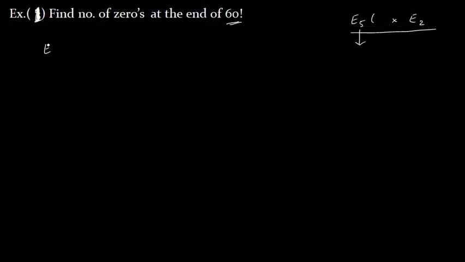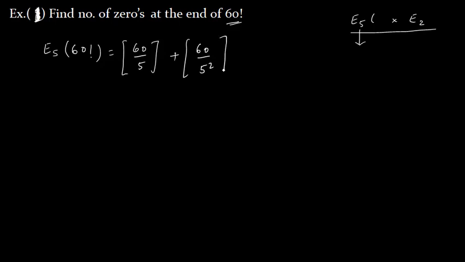So the exponent of 5 present in 60 factorial is [60/5] plus [60/5^2]. 5 cube is more than 60, so that is irrelevant. 60 over 5 is simply 12, and 60 over 25 is 2 point something.